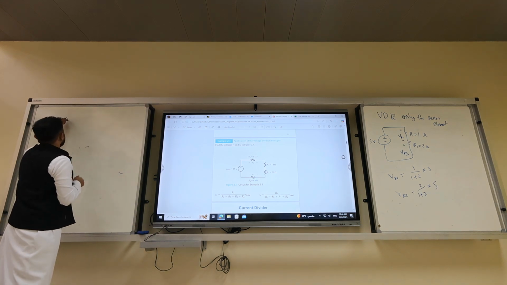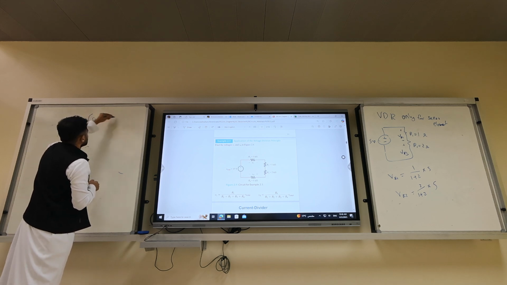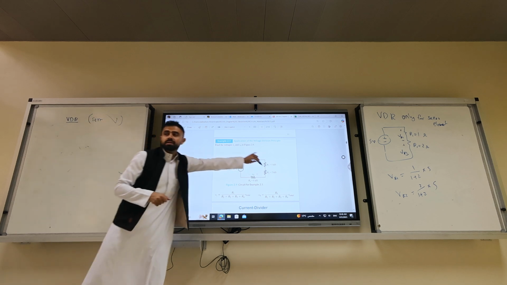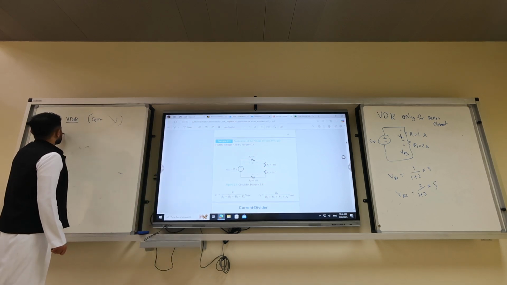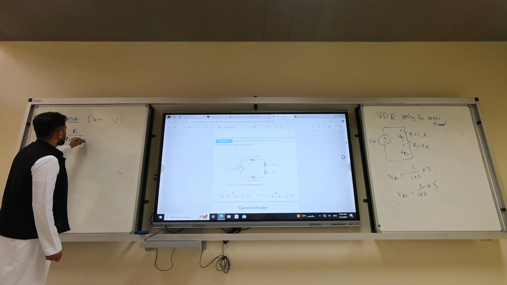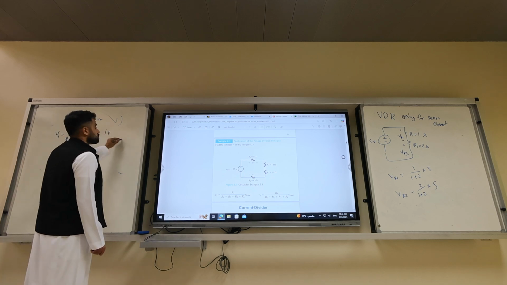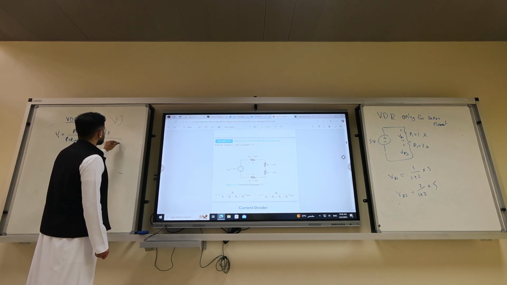So VDR, make sure they are in series. Check. Are they all in series? Check. So V1 equals R1 over R1 plus R2 plus R3 plus R4. It's going to be 1 kilo over 1 kilo plus 1 kilo plus 2 kilo plus 6 kilo.